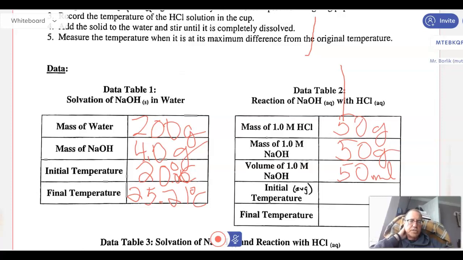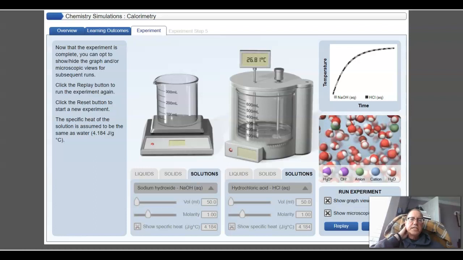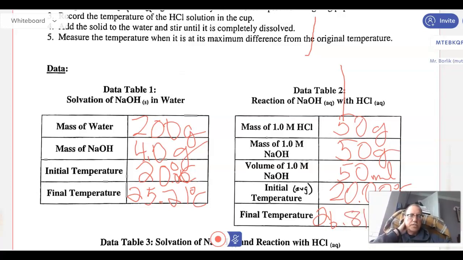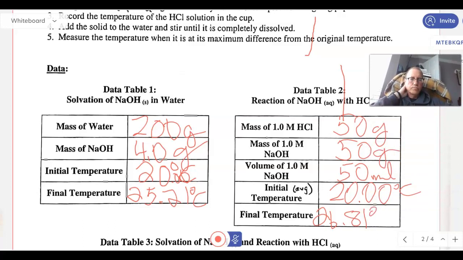But since we're not in the lab, we're just going to say it's 20.00 degrees C. And then we had a final temperature of 26.81 degrees Celsius. Okay, so that is for reaction 2.